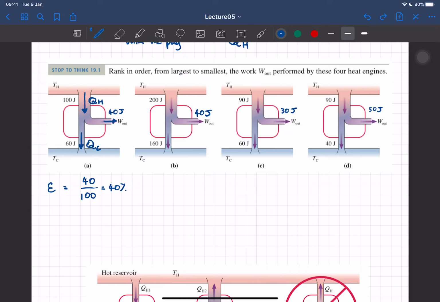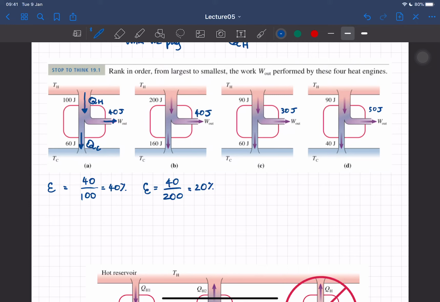So you might think that it's going to be as good as the first one. But you see that in order to get 40 joules, you need to extract more energy. So it should be clear that the efficiency is worse compared to the one before, because now you have 200. Now we have 40, but then you need to divide by 200 because 200 is what you need to pay. So the efficiency is half what we had before, which is only 20%.